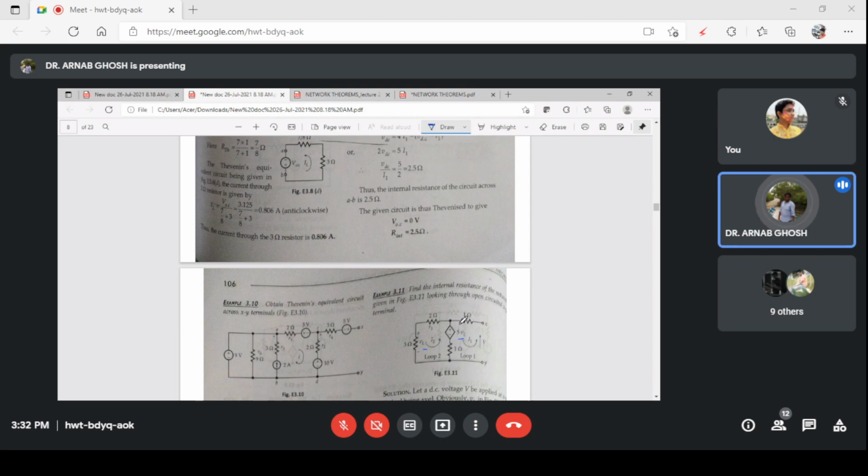One current I1 is flowing through this, and I2 will also flow through this one. So this will be 1 into (I1 minus I2).